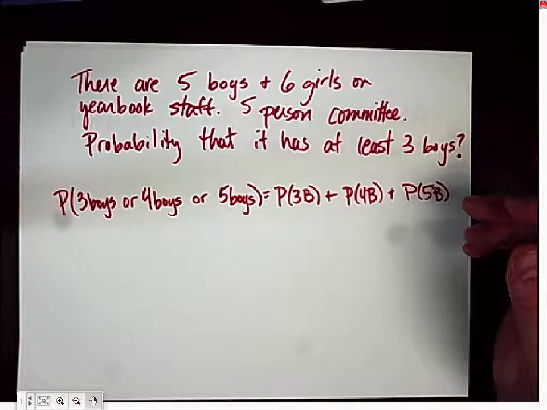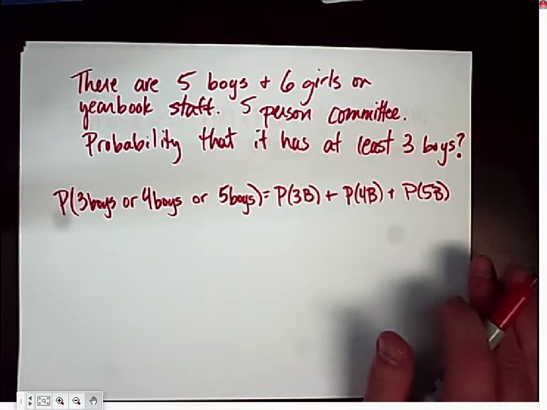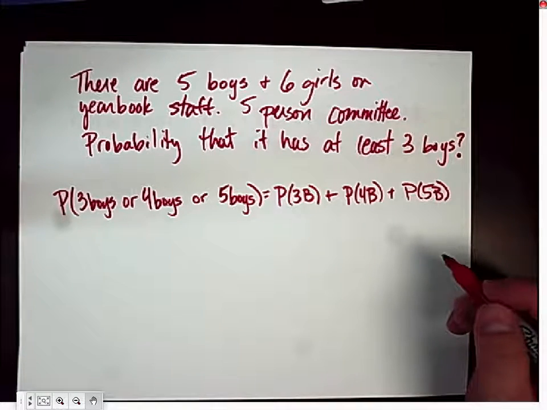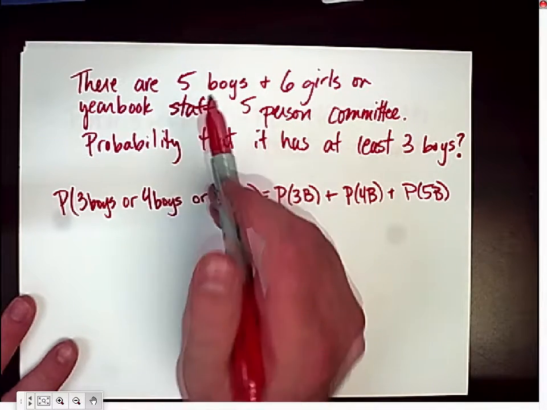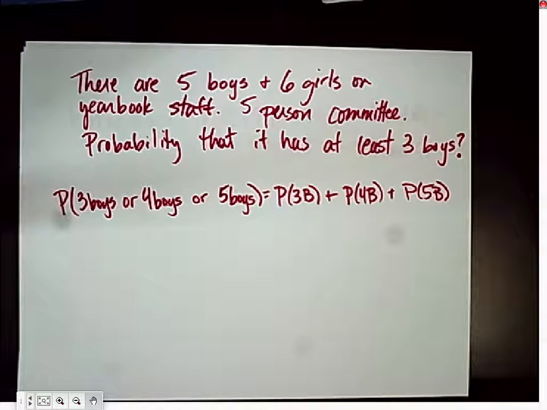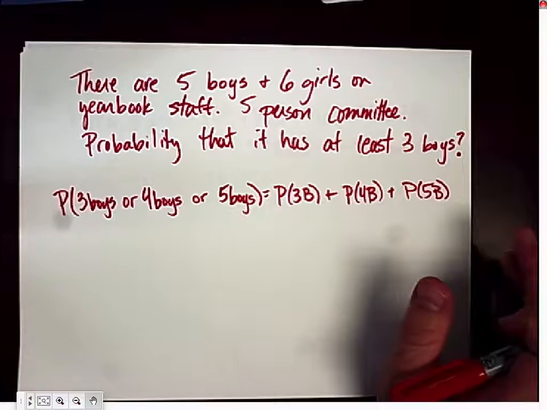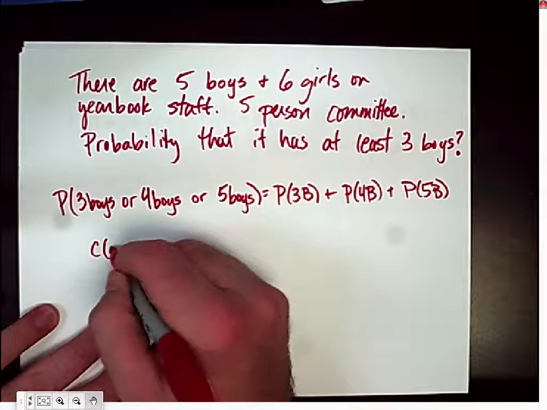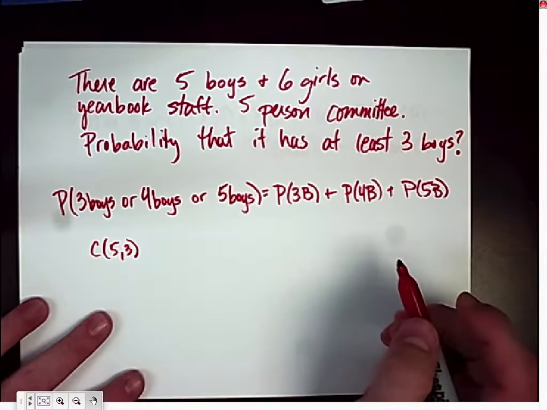All right. What is the probability of 3 boys? Well, what we need to remember, probability is going to be the number of committees that have 3 boys over the total number of committees, right? Well, how many committees have 3 boys? Well, if you wanted to have 3 boys, you've got 5 to choose from, right? And you're going to pick 3, right? So that means it's the combination of 5 choose 3, right?